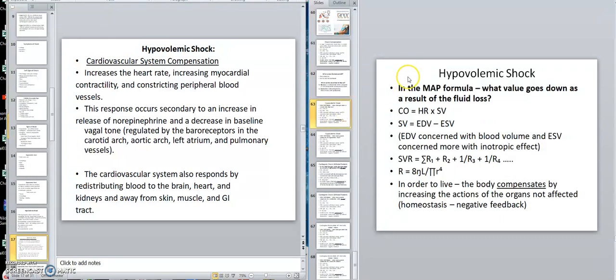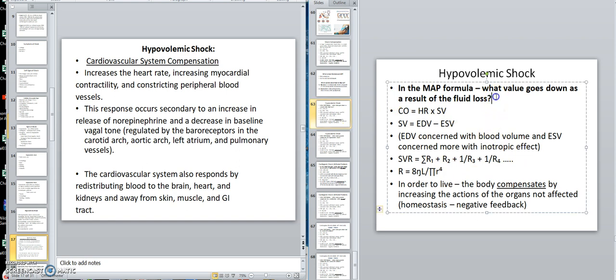In hypovolemic shock, so now we're going to kind of play with this here. In hypovolemic shock, in the MAP formula, remember the MAP formula is this. In the MAP formula, what goes down?